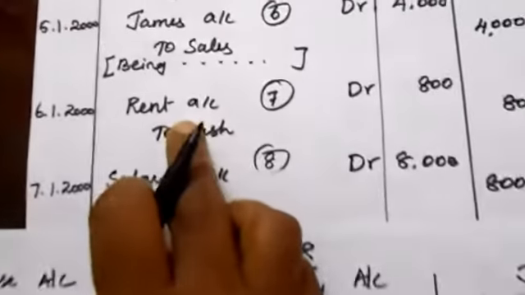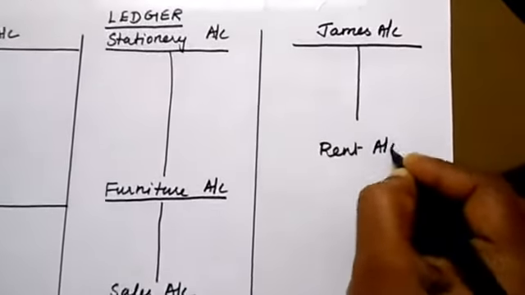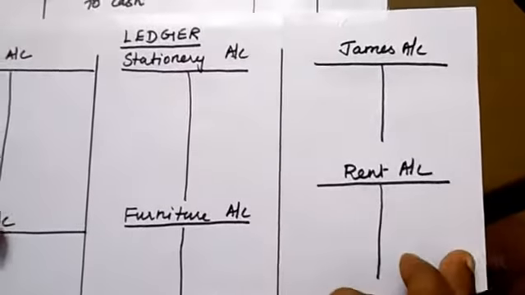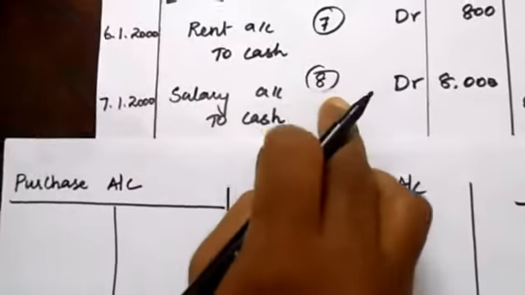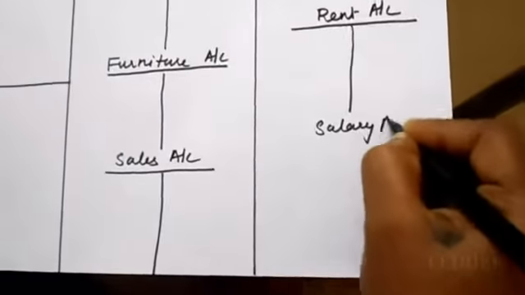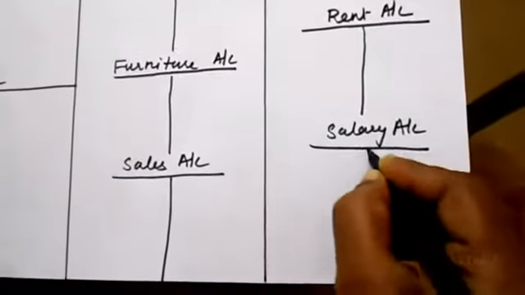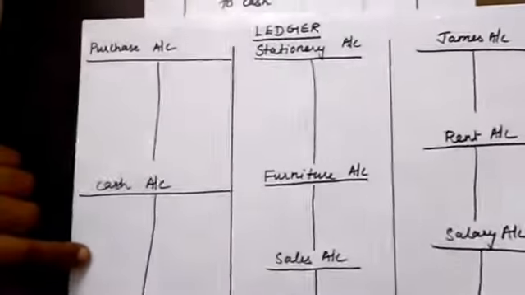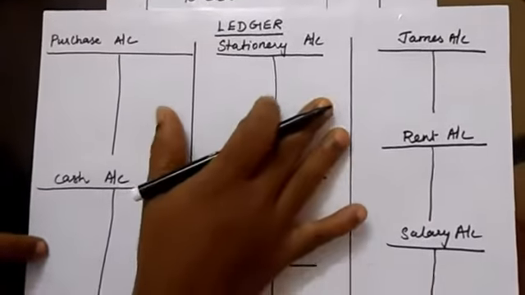Next one, rent account. Debit side, credit side. Then last one, salary account. Debit side, credit side. Just listen carefully how I am going to make entries in the ledger book.